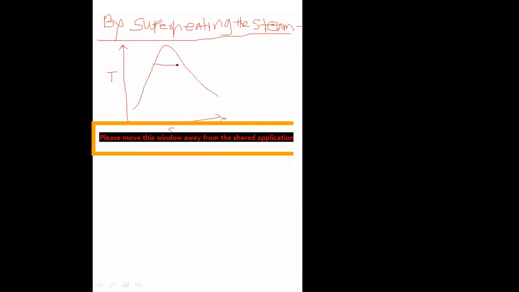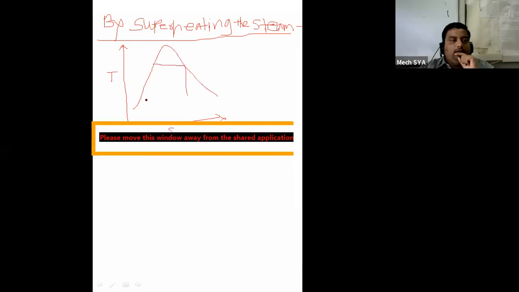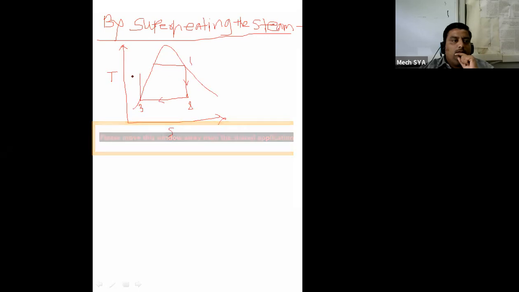Let us consider the dry and saturated steam initially. Now if you superheat the steam, what will happen?